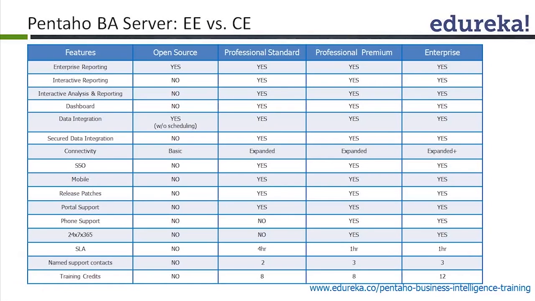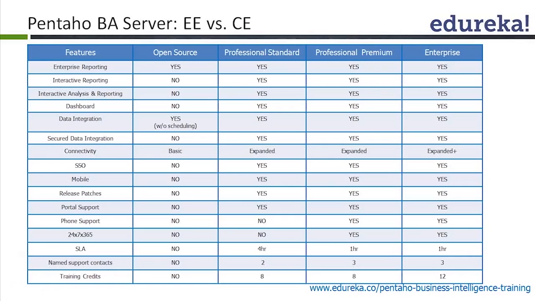Dashboard, open source, you will have to use CDE, Community Dashboard Editor, whereas E edition has it out of box. Data integration, open source, yes, without scheduling, whereas E edition supports scheduling as well. Then secure data integration, open source doesn't have that feature, whereas E does.